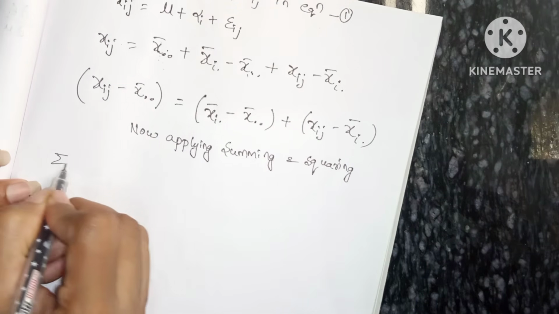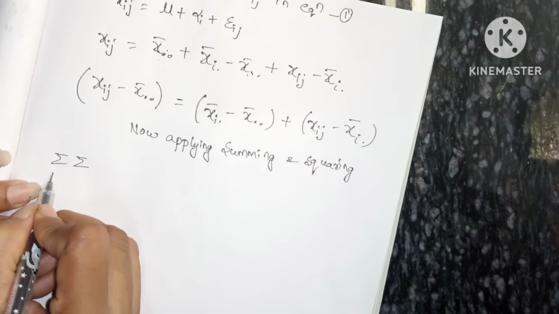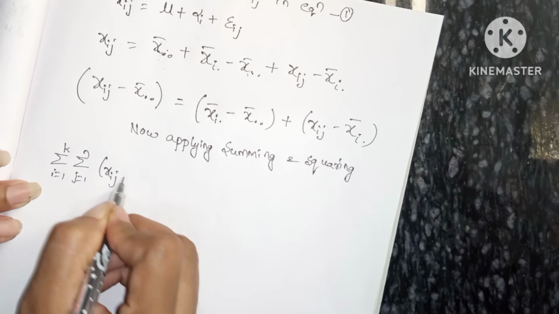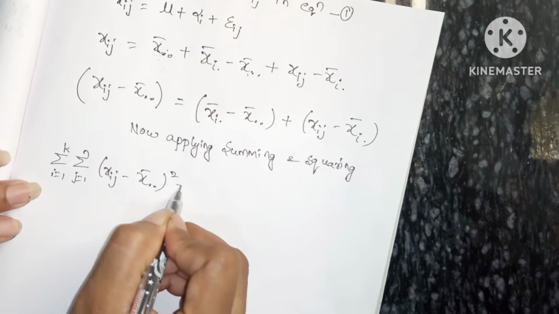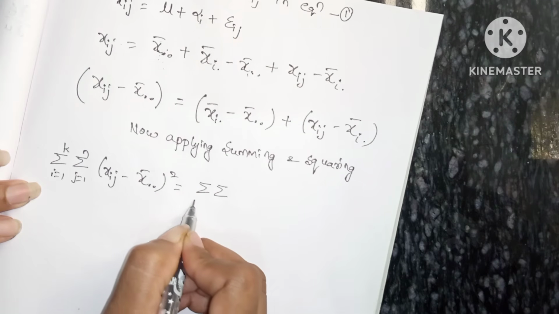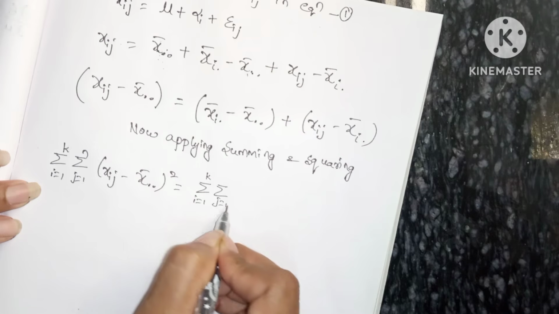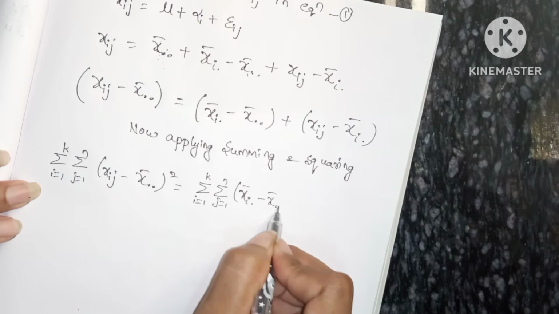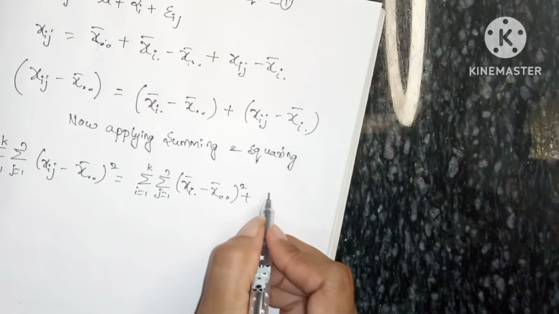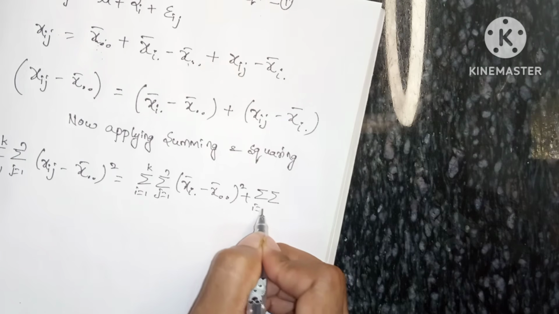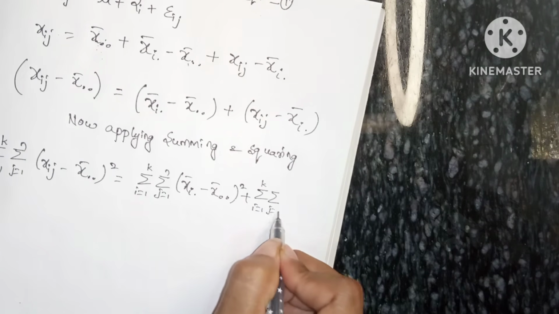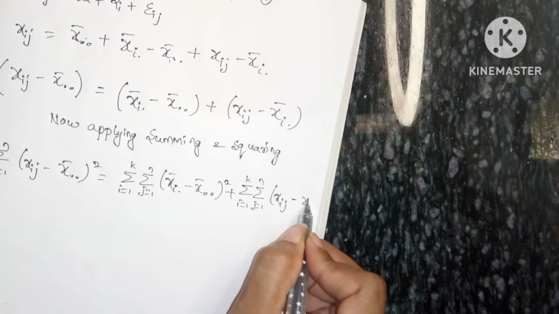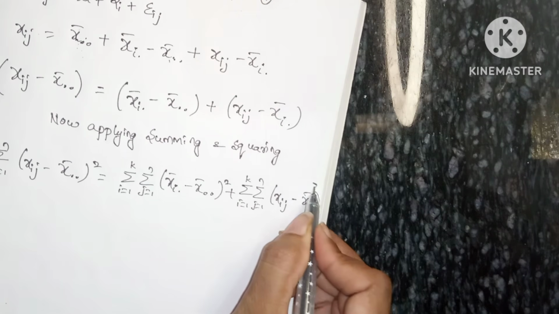So summation i equals to 1 to k, j equals to 1 to n, xij minus x bar double dot whole square equals to double summation i equals to 1 to k, j equals to 1 to n, x bar i dot minus x bar double dot whole square plus double summation i equals to 1 to k, j equals to 1 to n, xij minus x bar i dot whole square.